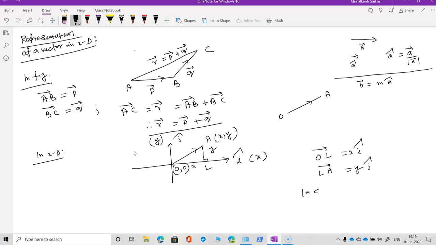So in triangle OLA, in this triangle OA is going to be OL plus LA.